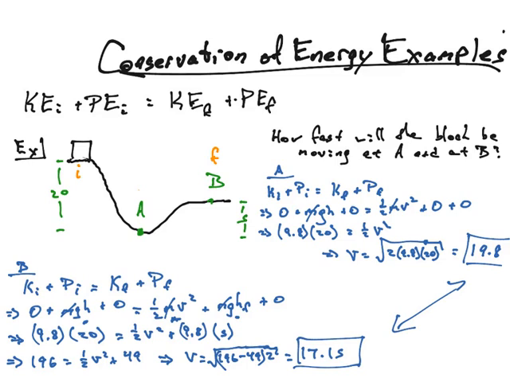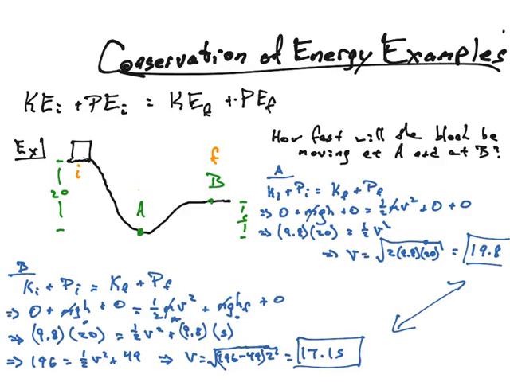Now, let me go ahead and solve this again, only this time I'm going to solve it going from A to B. So notice here, I solved the problem going from the initial state to B, skipping over A. Well, now I want to do the problem, only now I'm going from A to B. So let's remember what it looked like.